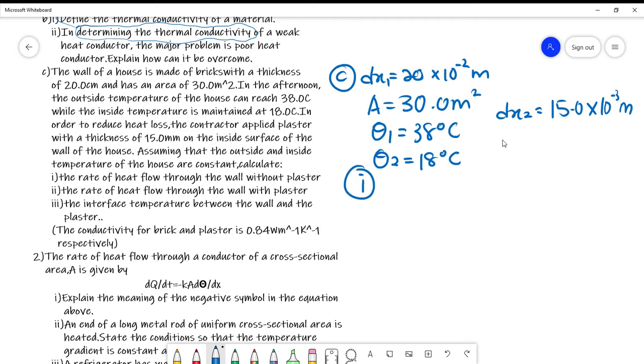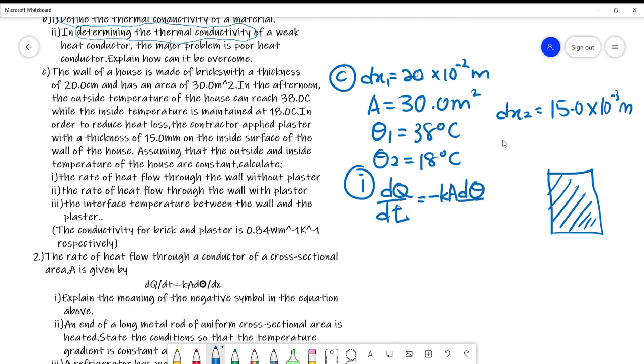So initially there's only the wall here and there's no plaster. So the rate of heat flow is dQ over dt equals negative KA d theta over dx.